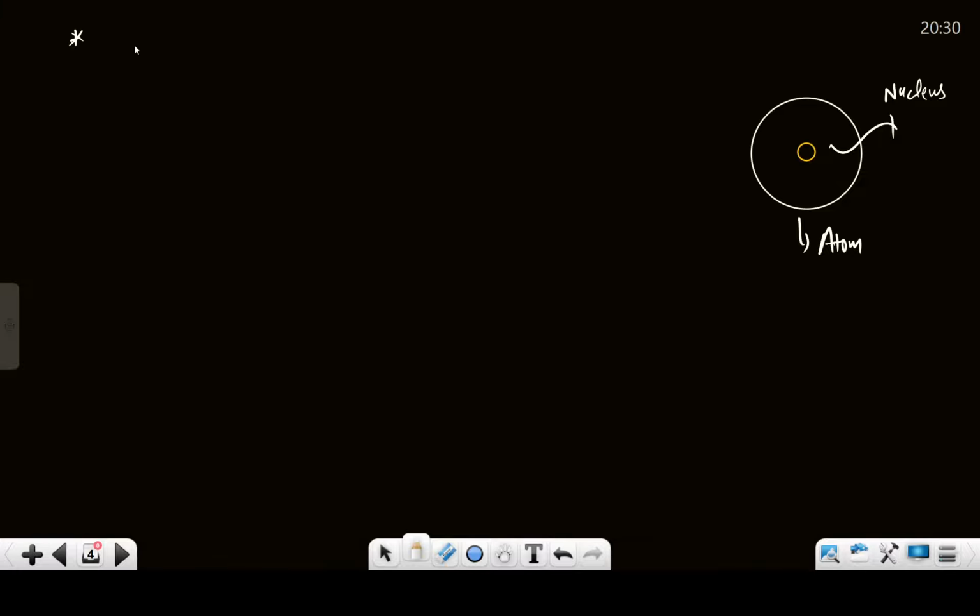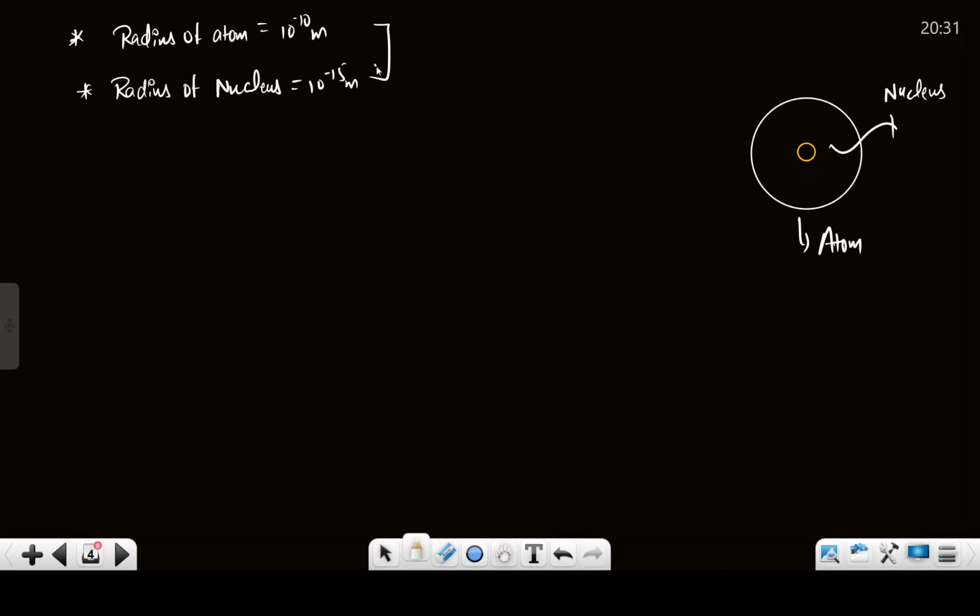Then what is the radius of the atom? The radius of the atom is nothing but 10 to the power minus 10 meter. And the radius of the nucleus is nothing but 10 to the power minus 15 meter.